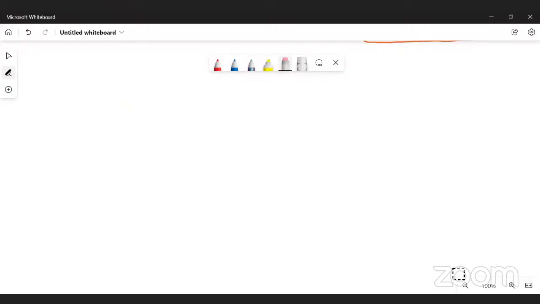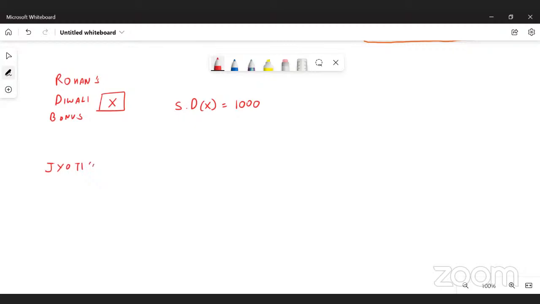Let's say the Diwali bonus for Rohan is denoted by the random variable x. So this is referring to Rohan's Diwali bonus, and we know that the standard deviation is 1,000, right? And the second was Jyoti's Diwali bonus, which was 20% of Rohan's Diwali bonus.